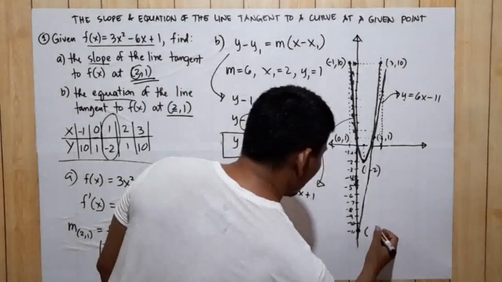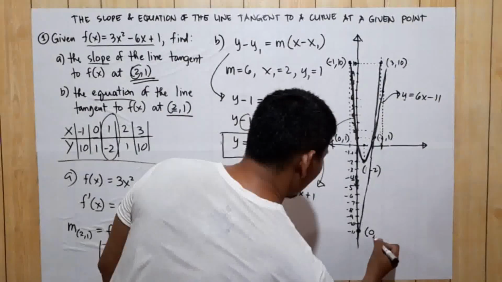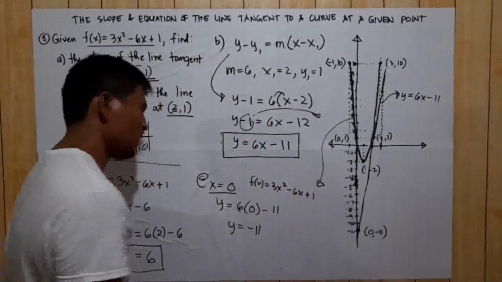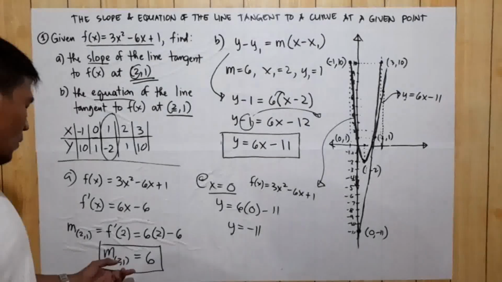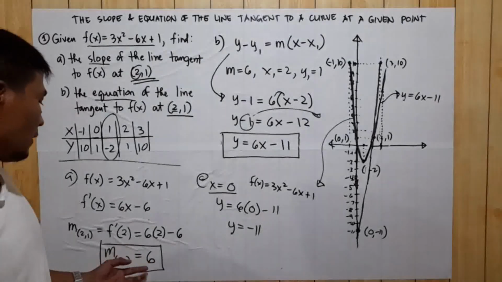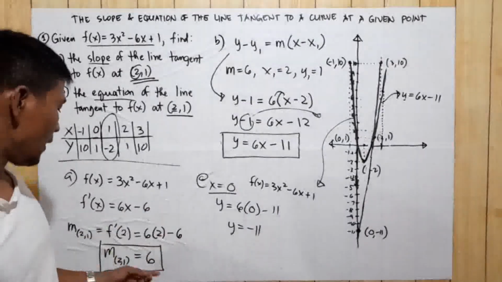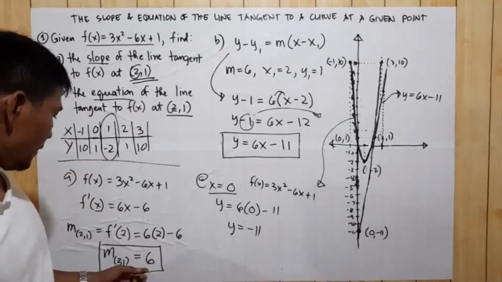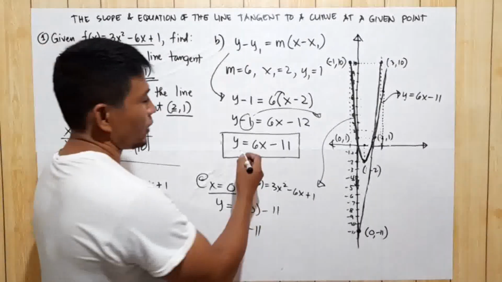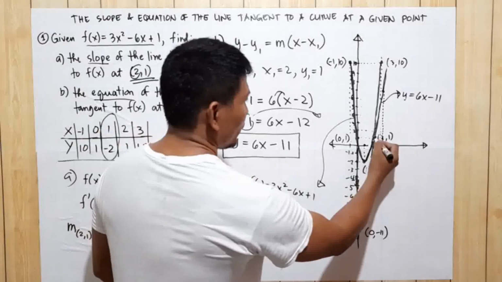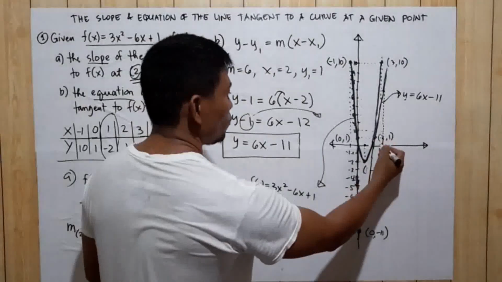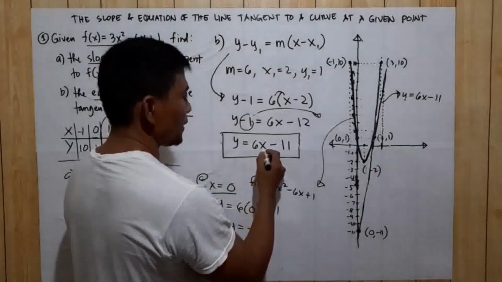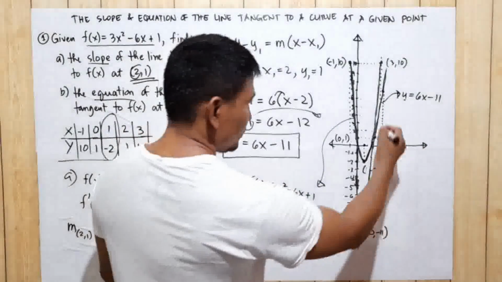So, meron po tayo dito (0, negative 11). So, ganyan po yung interpretation ng nakuha po nating values na slope of the line tangent to f of x at (2, 1) is equal to 6 at equation ng ating line tangent to our f of x at point (2, 1), which is y is equal to 6x minus 11.